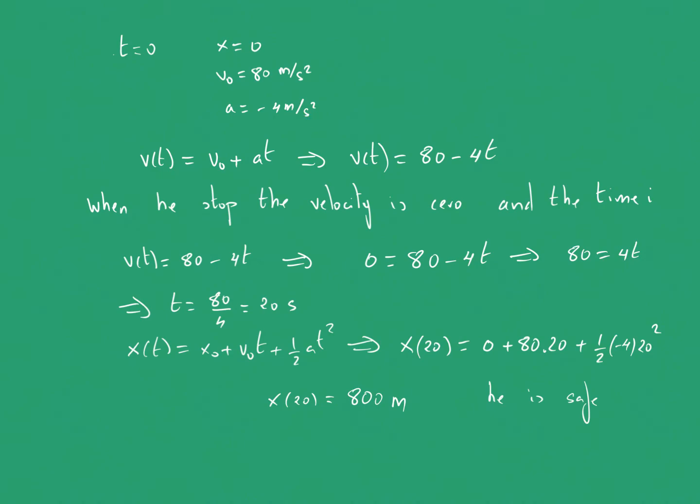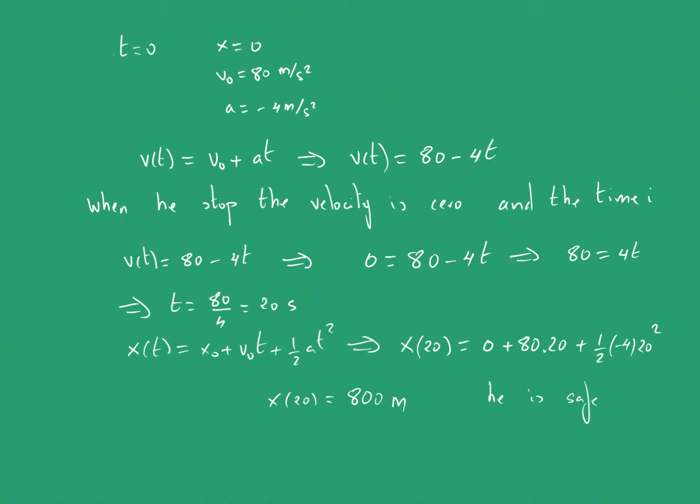So the equation is v of t equals v0 plus a t, in other words, v of t equals 80 minus 4 t. So when he stops, the velocity is 0. We plug in 0 here, and he will stop at time t equals 20 seconds.